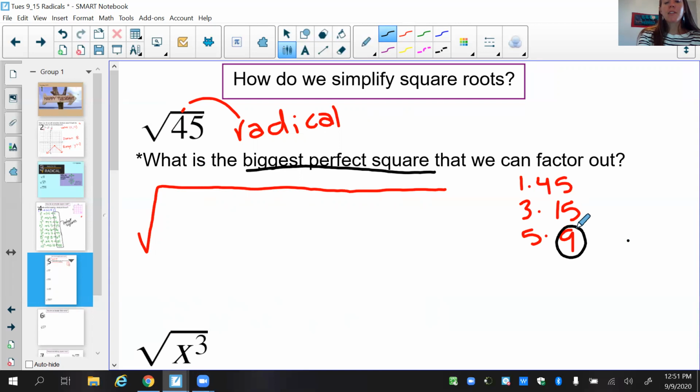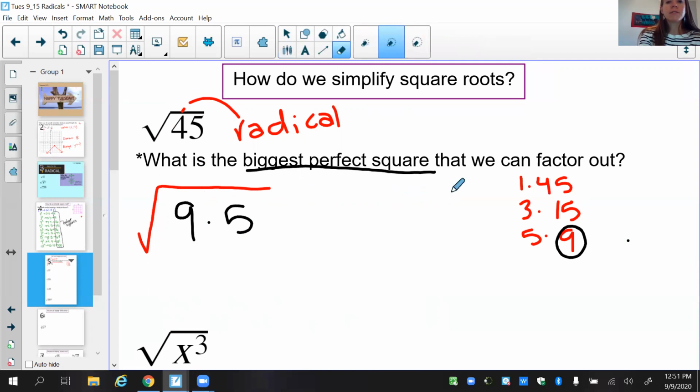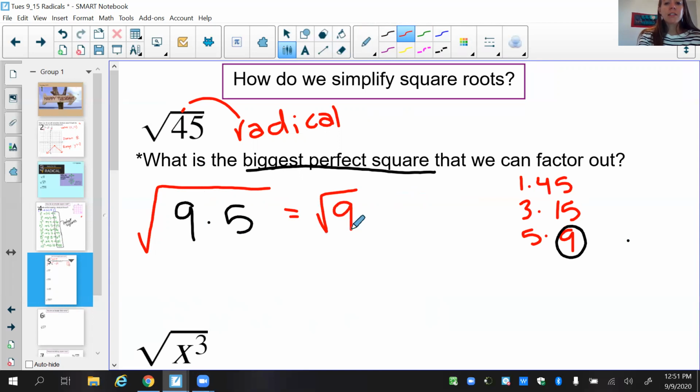So because of this 9 here, I'm going to use that, and I'm going to say 45 is the same as saying 9 times 5. I didn't need such a big radical here. Now I'm going to take this bit by bit. What this is really saying is I can say the square root of 9 times the square root of 5. I can split it up.